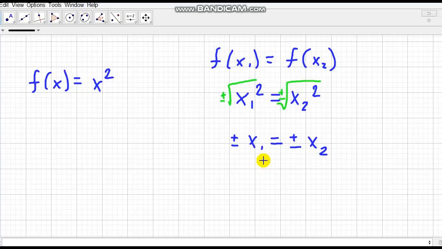Now, we're not able to come up with x sub 1 is equal to x sub 2 because this can imply that positive x sub 1 is equal to negative x sub 2 and vice versa. Thus, we did not arrive at x sub 1 is equal to x sub 2. This means that f of x equals x squared is not a one-to-one function.